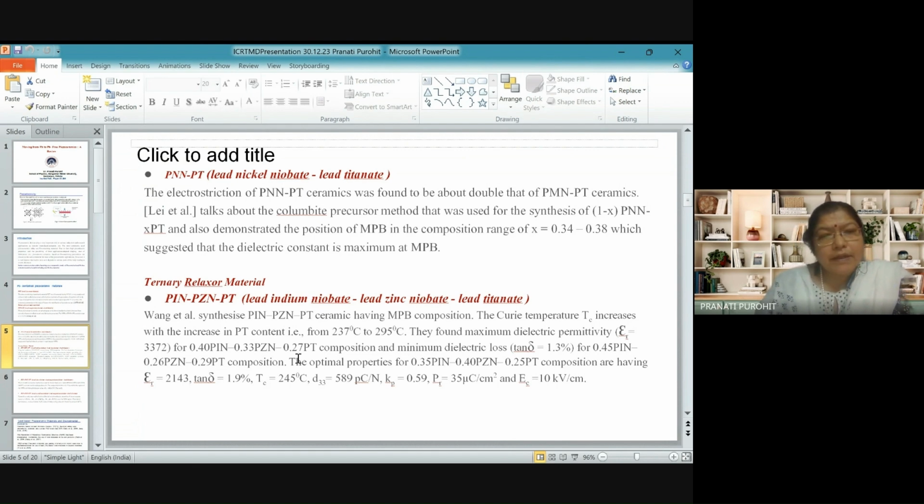So when we move from PZT to binary material, then to ternary material, the piezoelectric property of these materials keeps increasing.